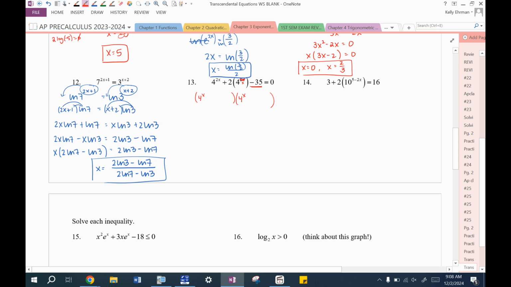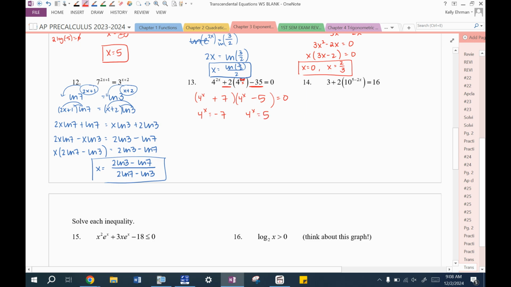You want the factors of negative 35 that add or subtract to give you 2. So the 4 is not involved here. The 4 is just the base number. So 7 and 5 have a difference of 2. So if I do plus 7 and minus 5, that's going to give me the positive 2 in the middle when I add them together. So this means that 4 to the x could equal negative 7, or 4 to the x could equal 5.